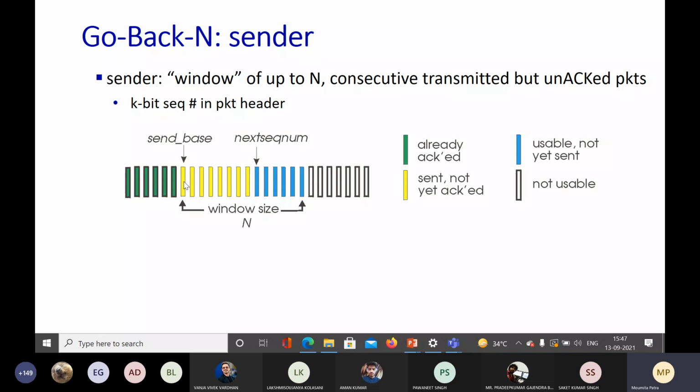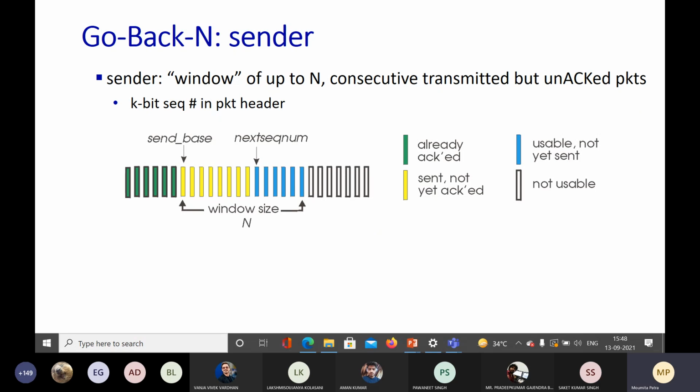Now the next packet, that is send base, is from where you are going to start transmission in the next time instance. So send base is the one where the first packet which has not yet been acknowledged is.